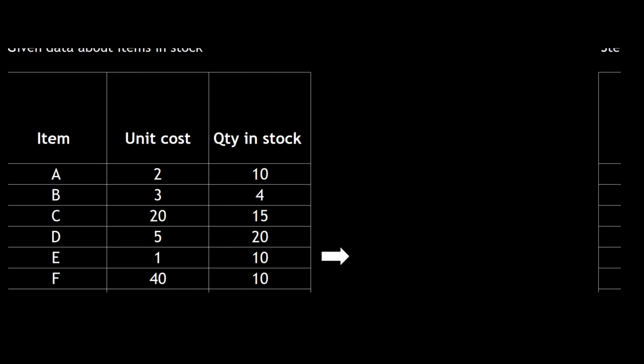So let us understand ABC analysis using an example. This is an example in front of us.